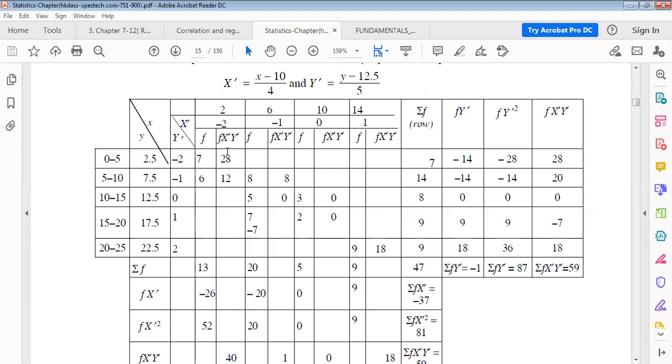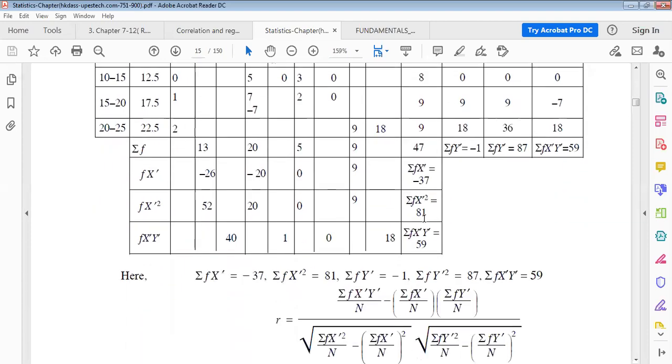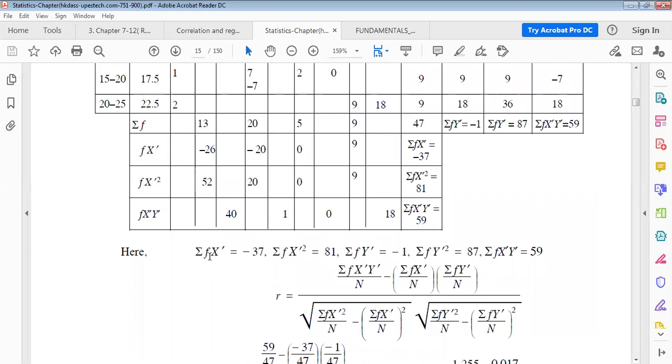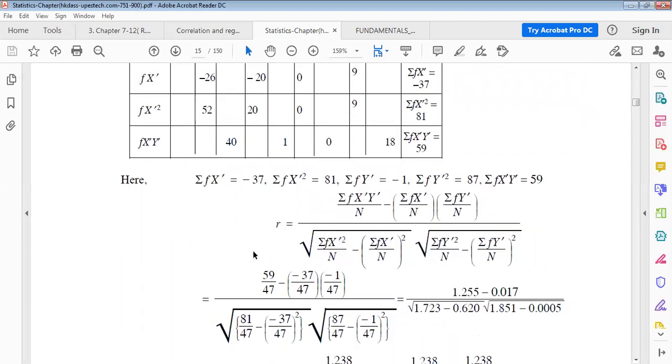Similarly, row and column wise we get this table, and taking the sums of all the columns, we get these values. Now putting them in the formula of the correlation coefficient, it equals this. This is actually the shortcut method.